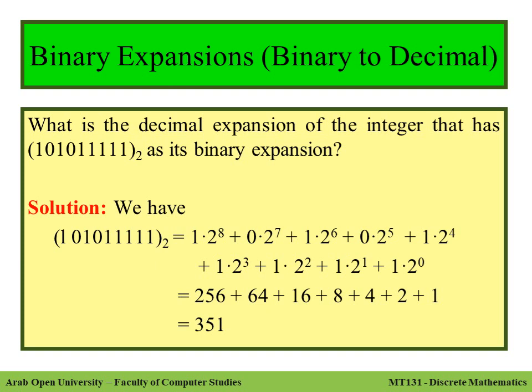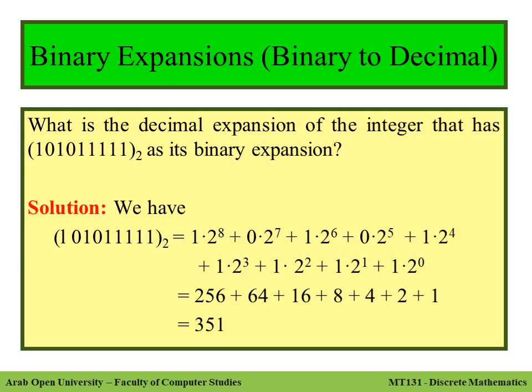To convert it to base 10 or decimal expansion, you want to multiply each digit by a power of 2, depending on the location. I like to start from left to right, but you can start from right to left. For example, the digit to the far left, there are 9 digits, so this is the 9th digit, so this is multiplied by the base to the power 8.